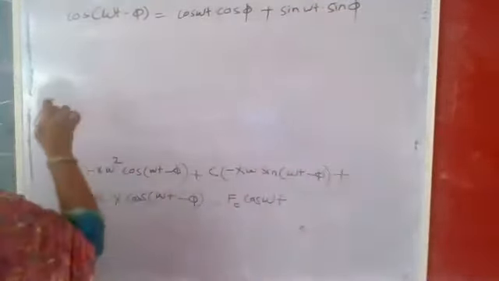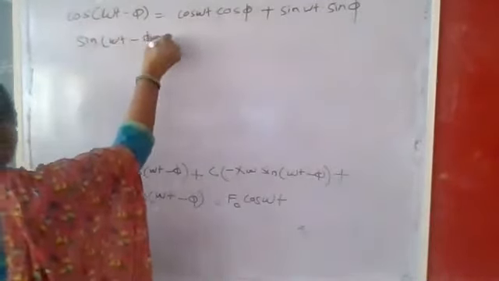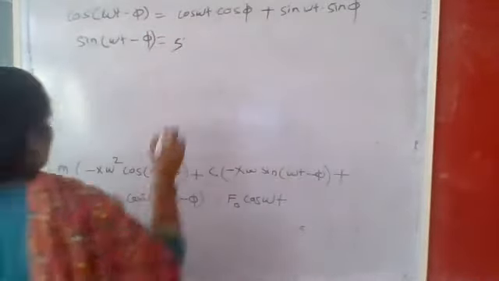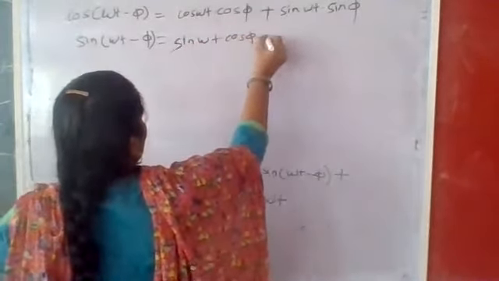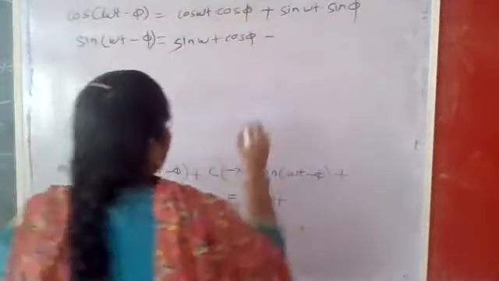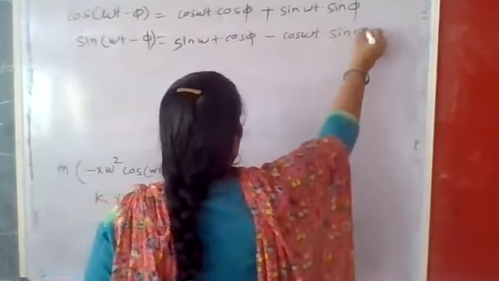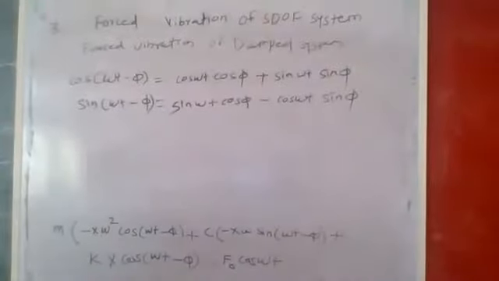In this way, for sin of omega t minus phi, the formula is sin omega t into cos phi minus cos omega t into sin phi. We have to apply such formulas to the equation below. So apply this formula and tell me the answer. What is the answer?